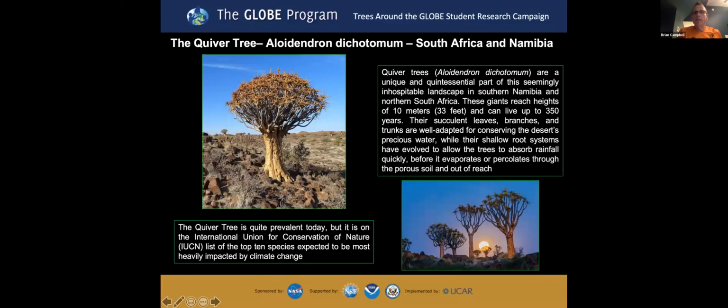I like to always share some strange tree that I find when I'm looking around, and this is called the Quiver Tree. This is a South African native, and also found in Namibia, and it's a really odd tree. I don't know if anybody on the call has ever seen one of these in person, but it's on the International Union for Conservation of Nature list as a top 10 species expected to be the most heavily impacted by climate change.